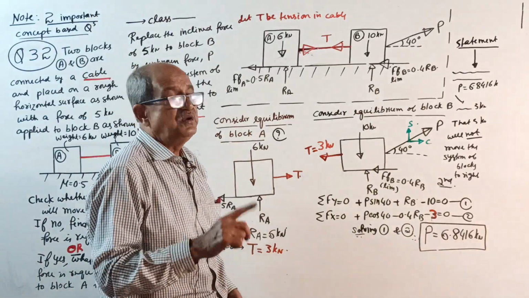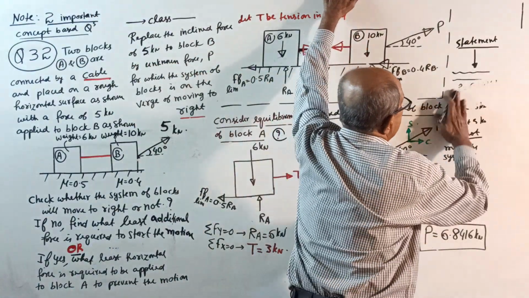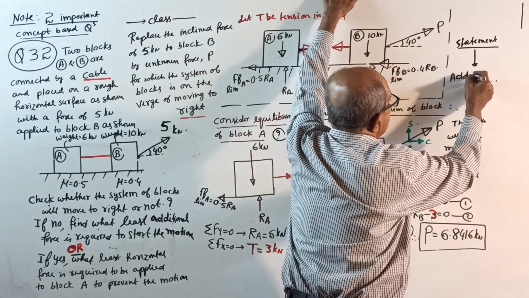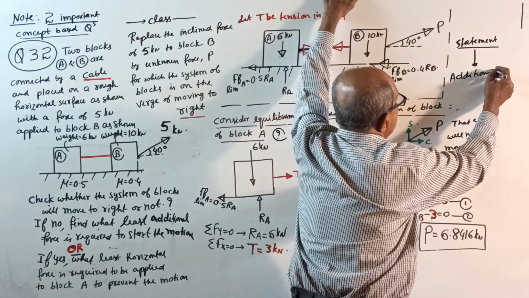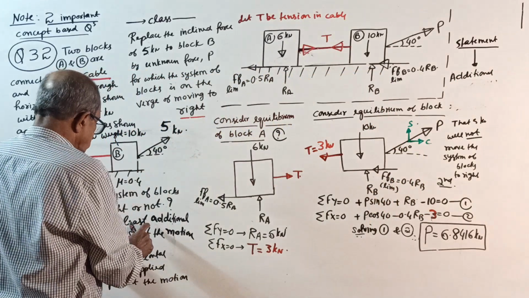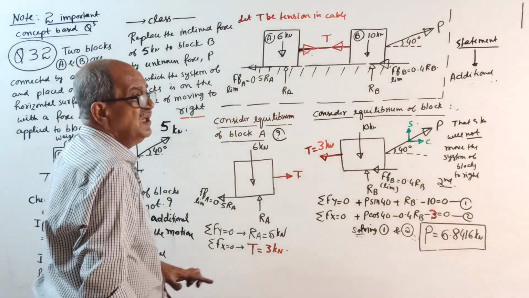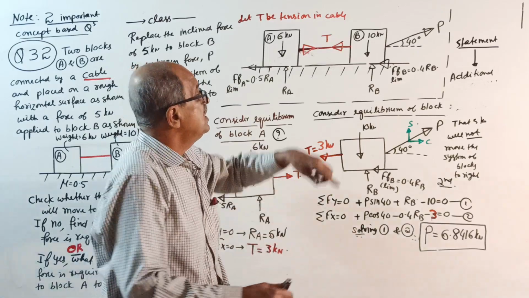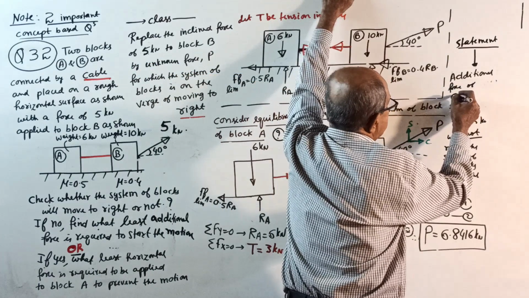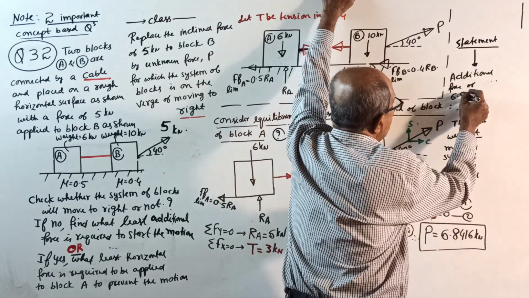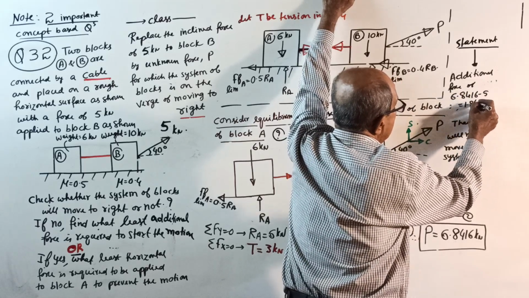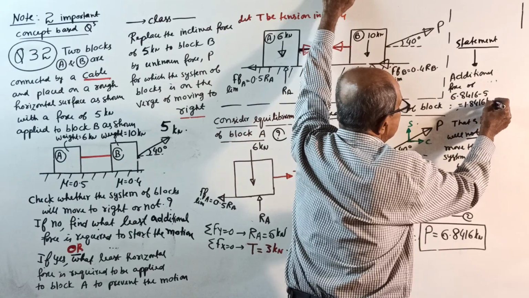Therefore, you require additional force. To start the motion, on the verge of moving, you require an additional force of 6.8416 minus 5 equals 1.8416 kilonewton. That is the answer.